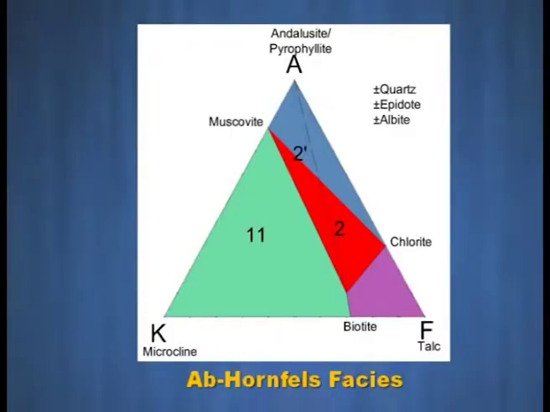Figure 1, ACF diagram of albite epidote Hornfels facies. The possible additional phases are quartz, albite and epidote. Figure 2, AKF diagram of albite epidote Hornfels facies. The possible additional phases are quartz, epidote and albite.